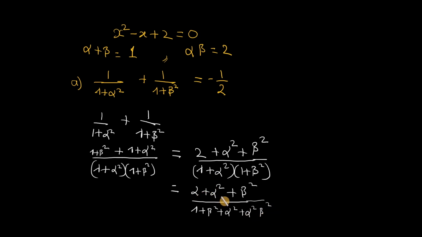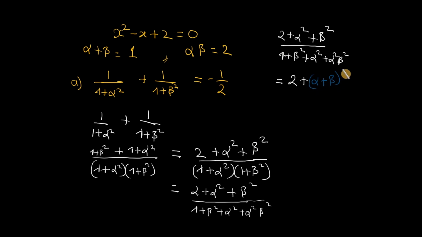Now I need to arrange this numerator in terms of alpha plus beta and alpha beta, and I need to arrange the denominator in terms of alpha plus beta and alpha beta. That is 2 plus alpha squared plus beta squared all over 1 plus beta squared plus alpha squared plus alpha squared beta squared is equal to 2 plus alpha plus beta all squared minus 2 alpha beta.